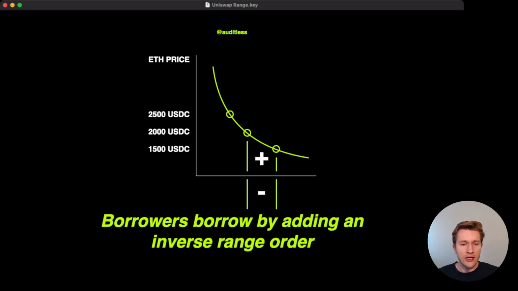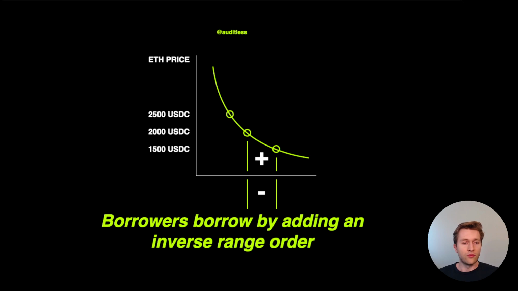But now we're adding a new type of role, which is a borrower. And we're also adding a new type of role, which is a lender. So a lender here would say, hey, I'm putting forward some USDC in exchange for an interest rate that I can gain. And then the borrower is going to put out some Ether as collateral in order to borrow that USDC.